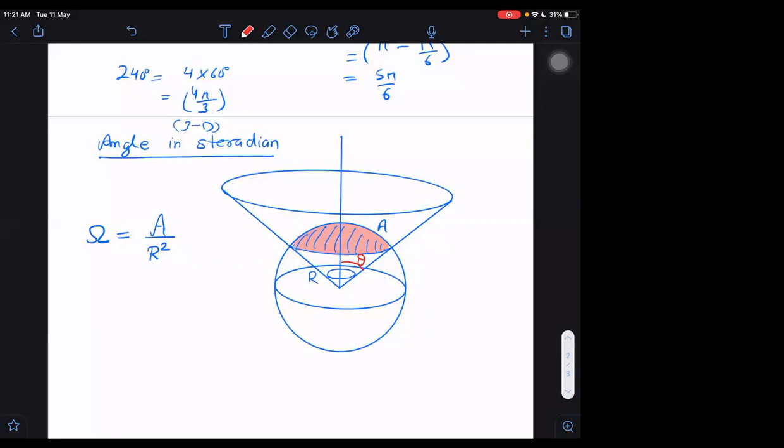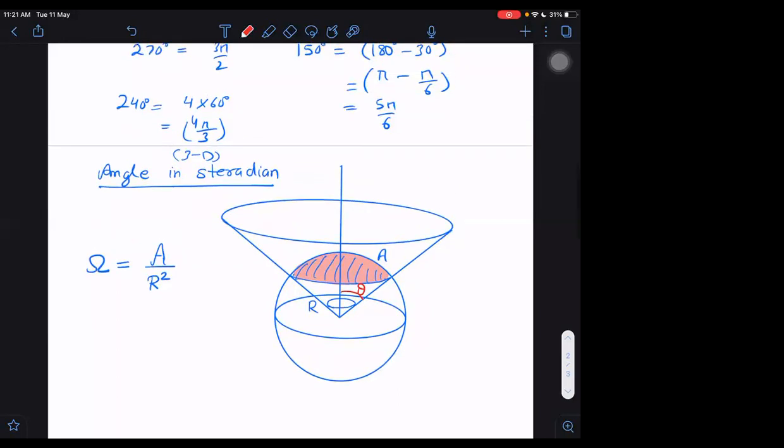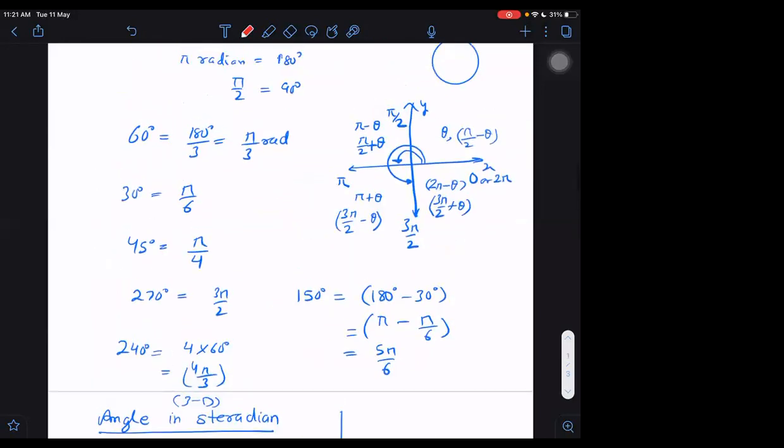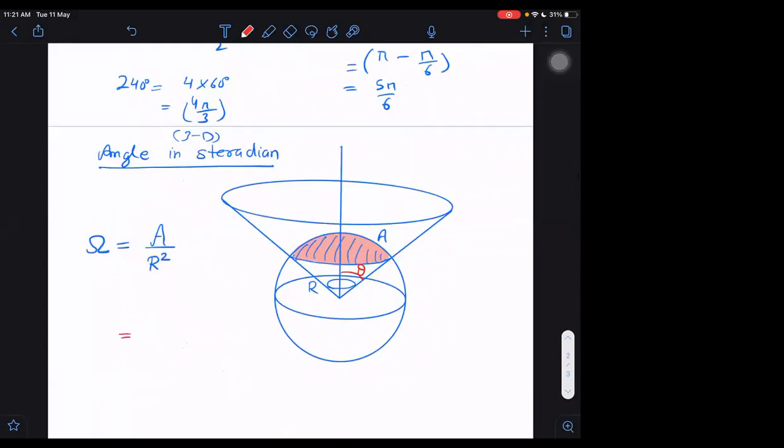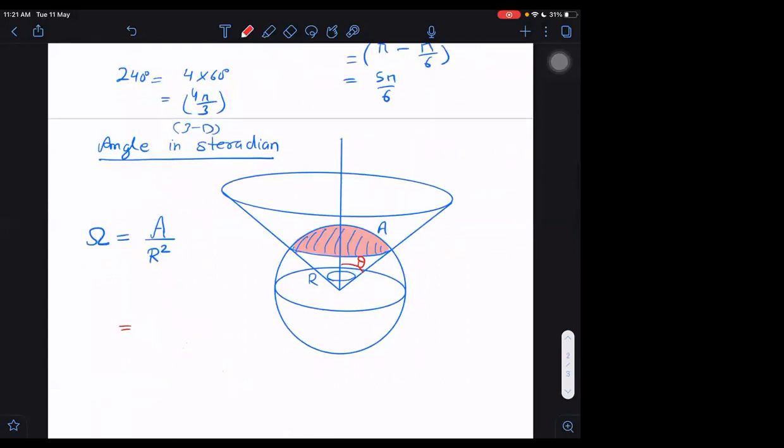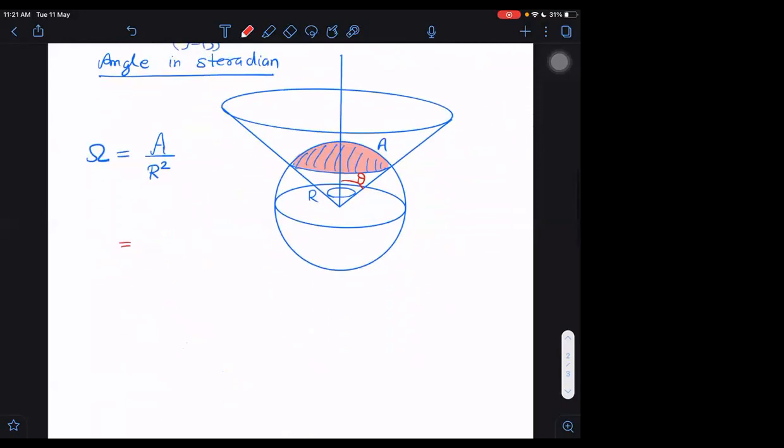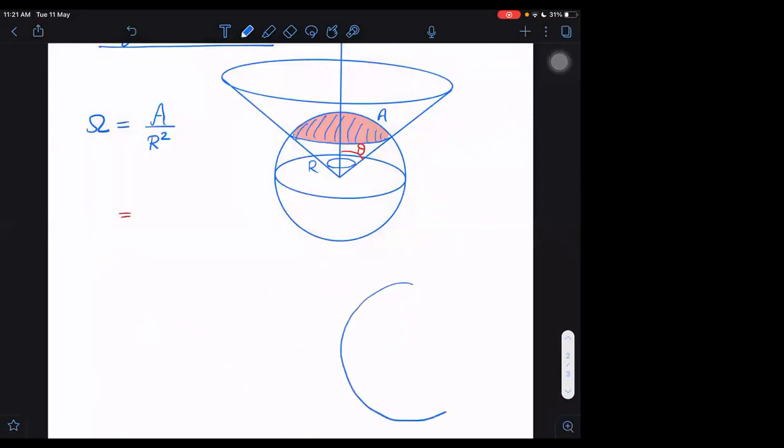We can determine it in these terms by applying the formula for the area. What is the area of the sphere? 4 pi r square.